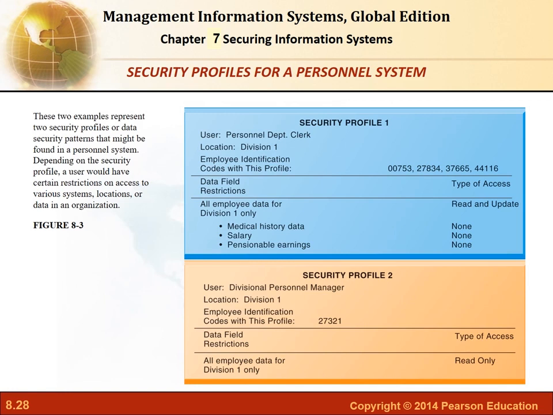All individuals with this type of profile can update the system but can neither read nor update sensitive fields such as salary, medical history, or earnings data. Another profile applies to a divisional manager who cannot update the system but who can read all employee data fields for his or her division, including medical history and salary. These security profiles are based on access rules supplied by business groups in the firm.